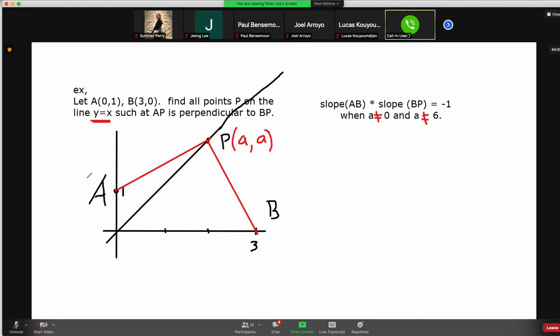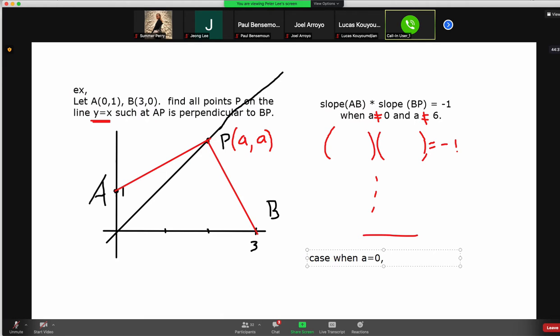Now, when you get this equation, you will have this times that equals -1. And when you look at this equation, you will see that a cannot be 3 or 0. And then you might get a solution. At the end, we now have to consider these two cases. How about the case when a is equal to 0?